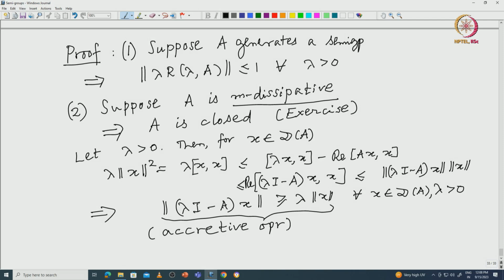You can actually start from this if you like, but dissipativity comes naturally in many applications, and from dissipativity we are deriving this accretive condition.